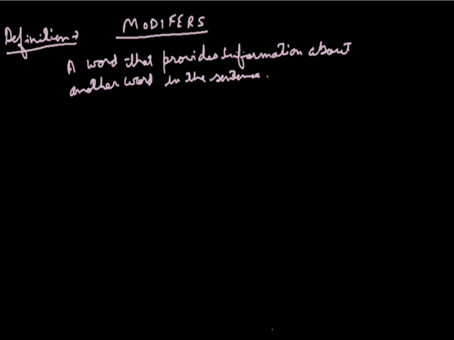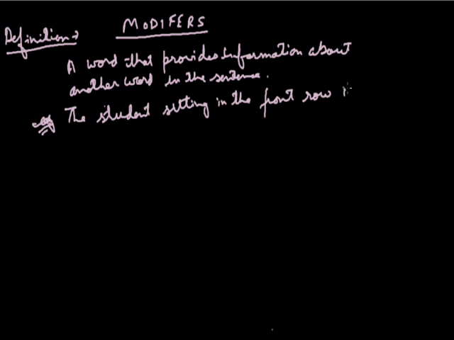A word that provides information about another word in the sentence. For example, the student sitting in the front row is asleep. Now, the modifier actually tells which student you are talking about.